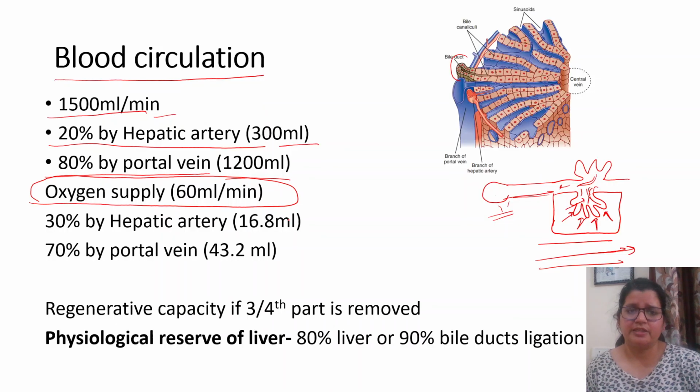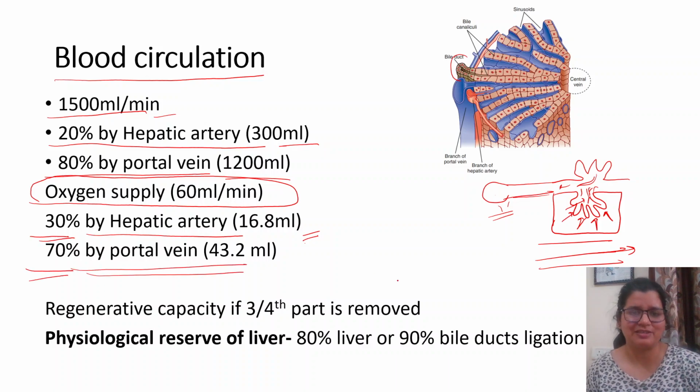Yes, the hepatic artery supplies oxygen, but only 30% of oxygen is supplied by the hepatic artery because of its lesser contribution to the blood flow. Yes, the portal vein has deoxygenated blood with less oxygen content, but the amount is so high that the major oxygen is supplied by the portal vein.